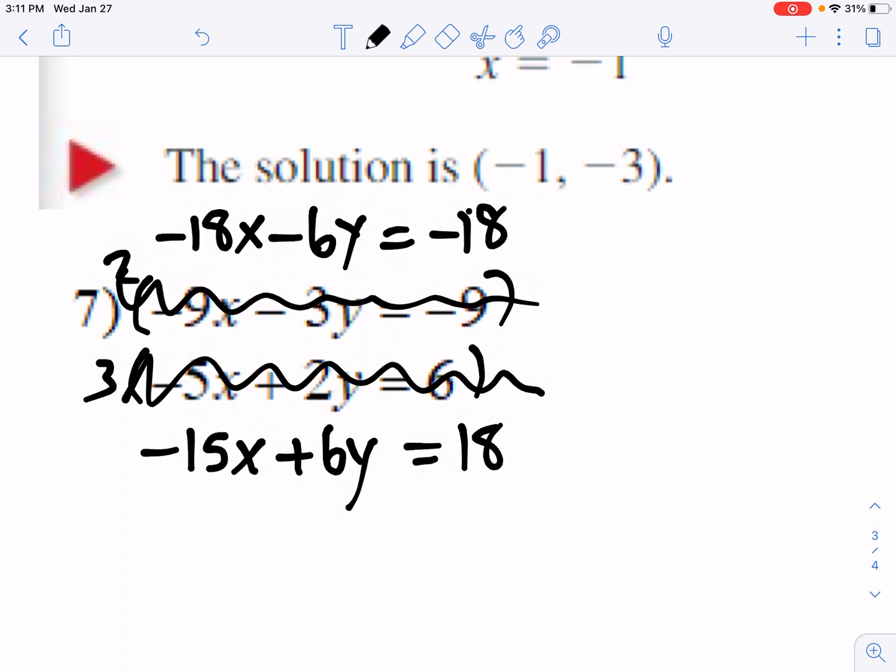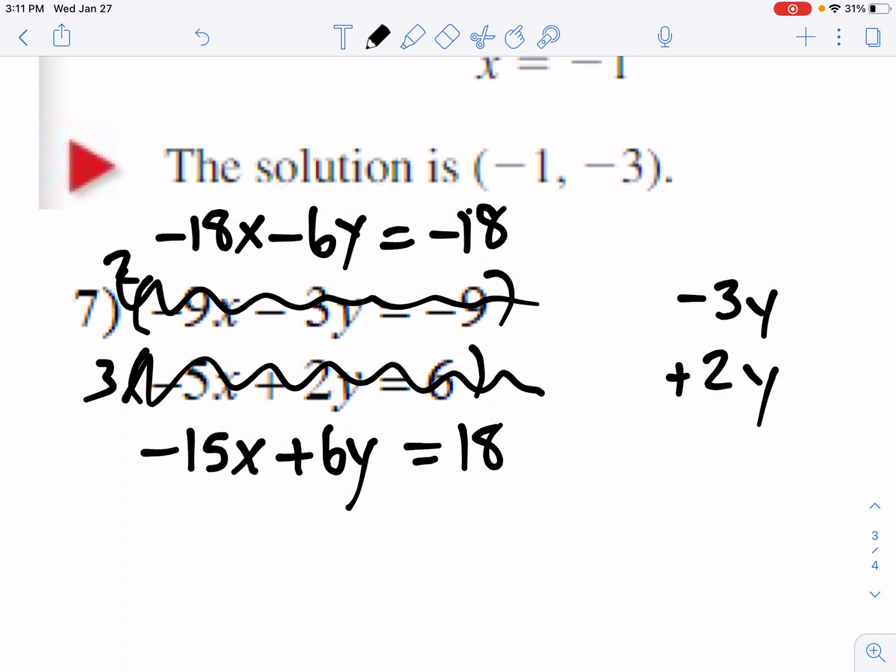You might say, well, where did you pick 2 and 3 at? Well, I just picked whatever number to multiply the top and the bottom by to create this. So it doesn't have to be a certain number. You just got to pick some number value that would work. For us, it was just really easy to multiply. Notice when we started, the top equation had a -3y, and the bottom equation had 2y. They already have opposite signs.